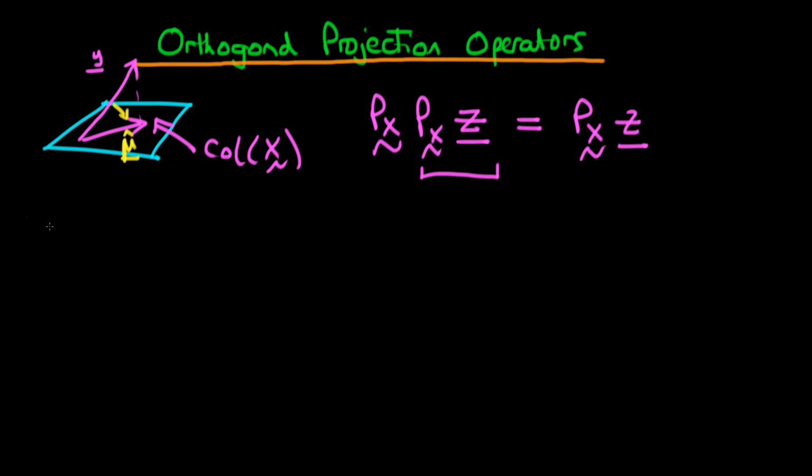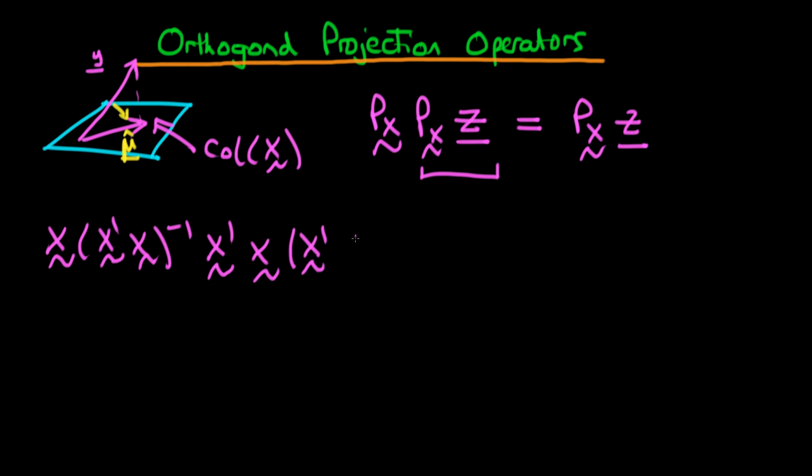Let's just check that this is actually the case. If I operate Px on Px, then I'm just going to get X times X primed X to the power minus 1 times X primed, and then we just have the whole thing again: X times X primed X to the power minus 1 times X primed, operating on some vector Z, which in general doesn't lie in the column space of X. Straight away we can see that this term here is just the inverse of this term here.